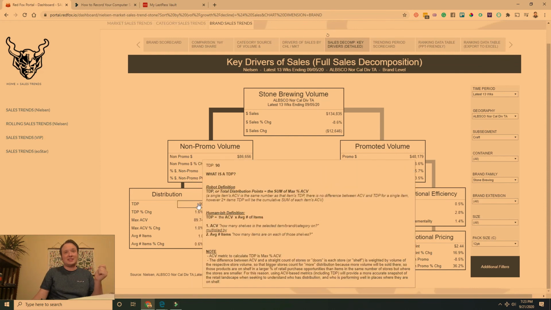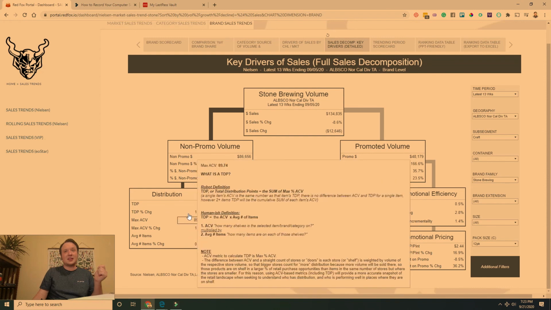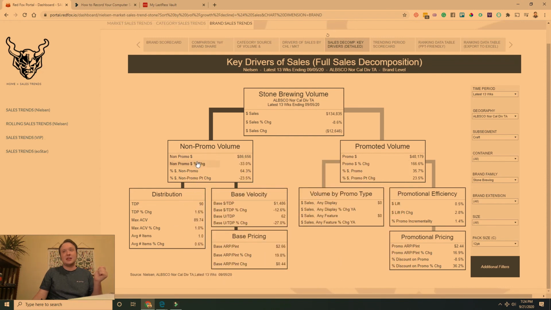So we can see that TDP is actually up 1.6%. So what does that mean? It means it's velocity. It means that we are getting less sales per turn of our point of distribution. So we've answered where that's coming from. Fewer people are frequently buying.